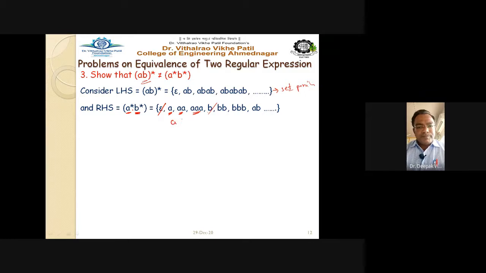Can you tell me? It means there is 0 occurrence of B. Getting this point or not? This term is like A dot B raised to 0, meaning 0 occurrence of B and 1 occurrence of A. Now this term B is nothing but A raised to 0, and B, meaning 0 occurrence of A and 1 occurrence of B.